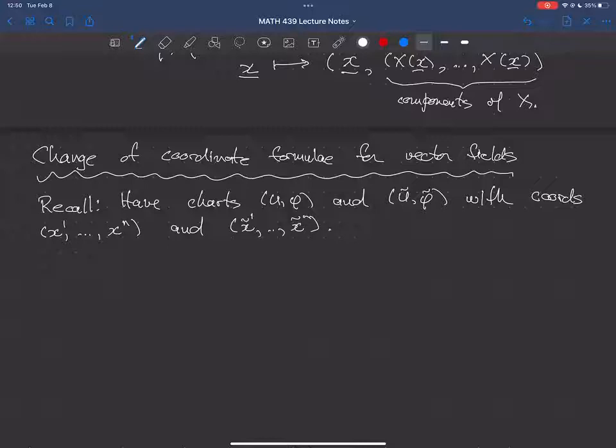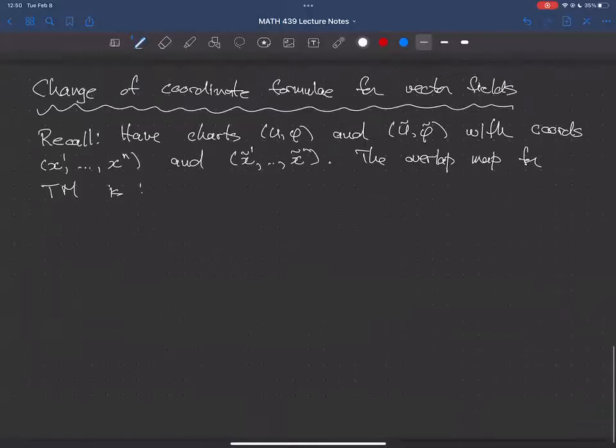And then the overlap map for TM is, okay, so it's x bar. Again, I'll write bars under things just to emphasize that these are points in Rn instead of points on the manifold. So it's phi tilde composed with phi inverse of x bar.